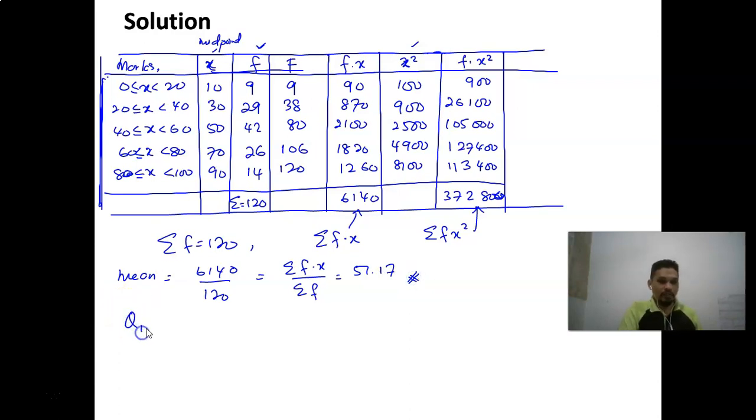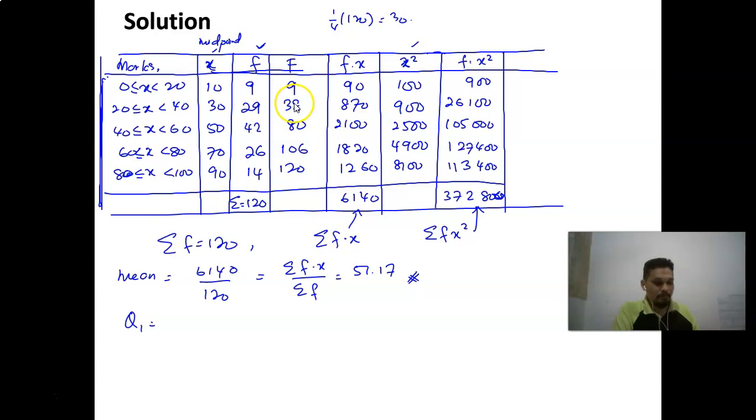And the first quartile, from the cumulative frequency 120, a quarter times 120. 120 divided by 4 equals 30. Okay, so 30 lies between 9 and 38.